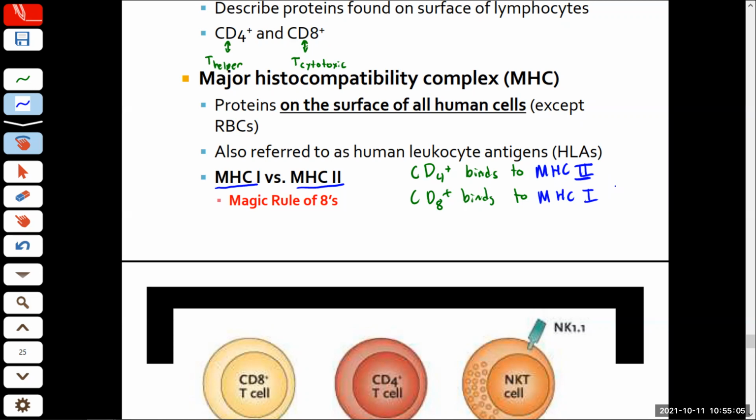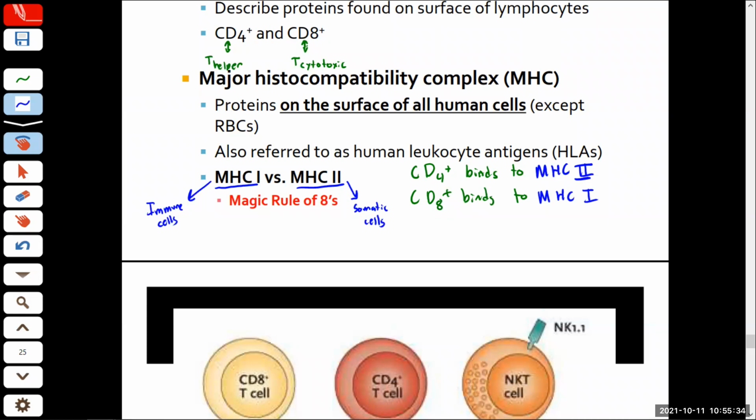Why on earth are we talking about MHC? This is your own special fingerprint. So all of your own cells are covered by MHCs. MHC1 is found on your immune cells. MHC2 is found on all of your somatic cells, your other cells.